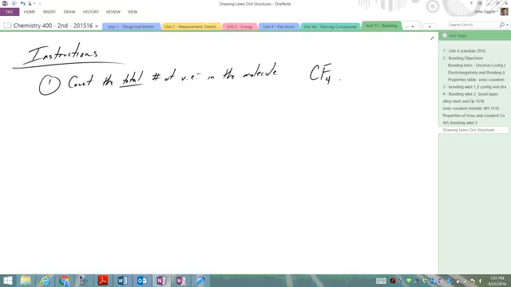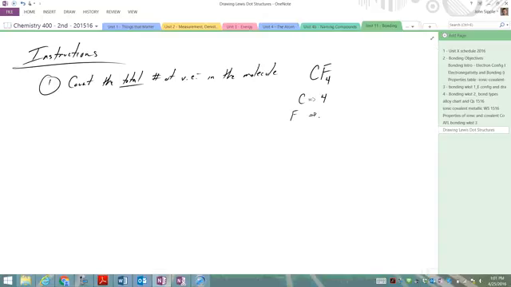All right. So we need to count the total number of valence electrons in the molecule. So how many valence electrons does carbon have? 4. Yeah, it's got 4. What's the total number of valence electrons with the fluorines?